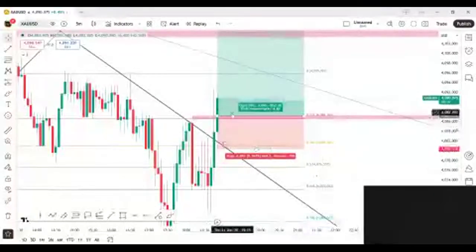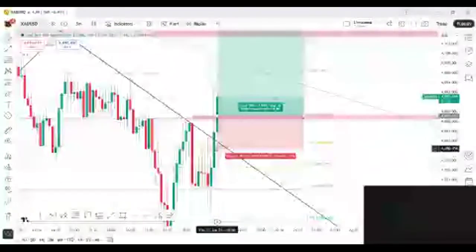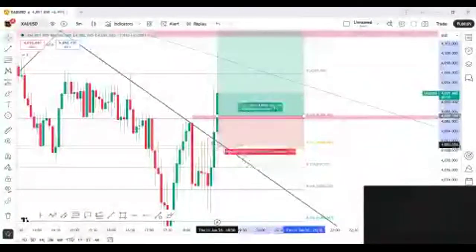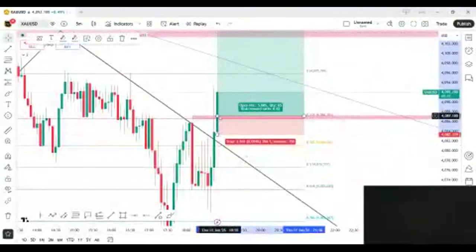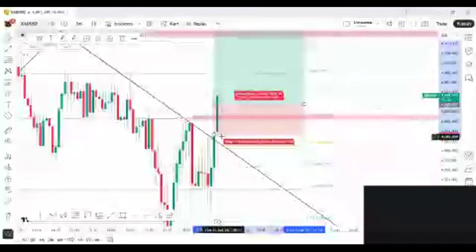We will be using a smaller stop loss. Our stop loss will be from 4088, if I enter.